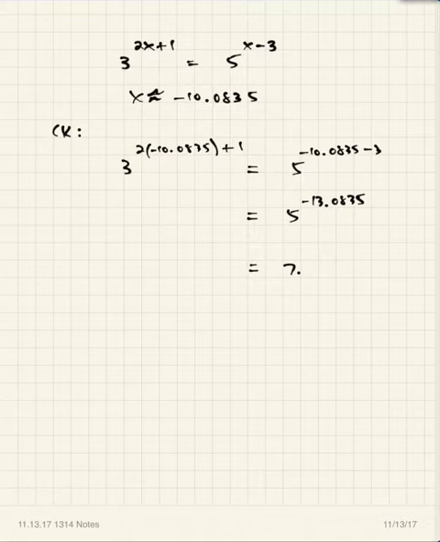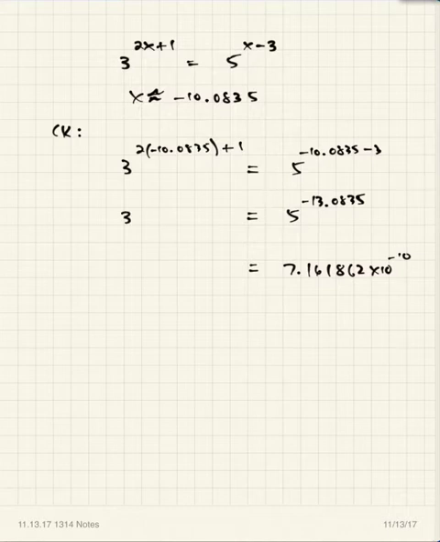I get 7.161862 times 10 to the negative 10th power. So an incredibly small number. And so we're hoping that we get the same answer on the other side of the equation.